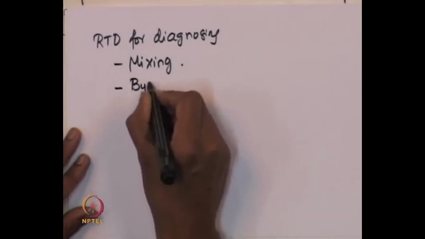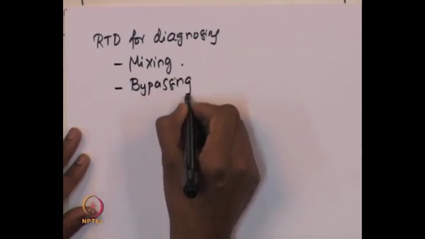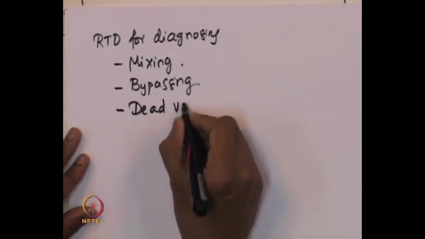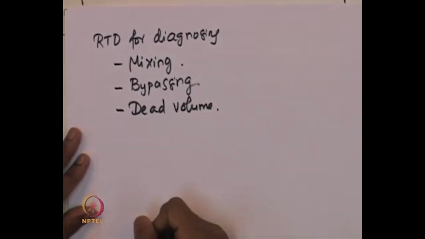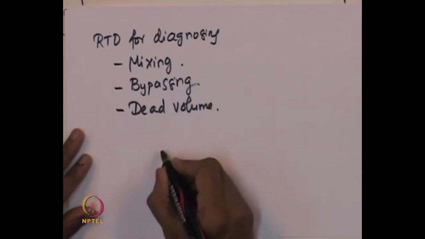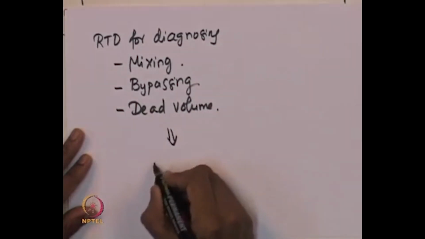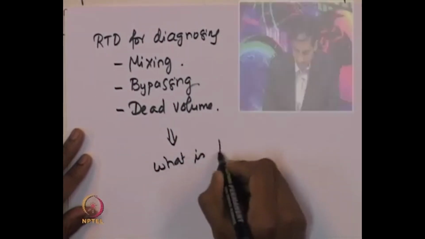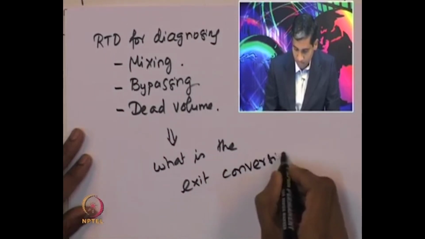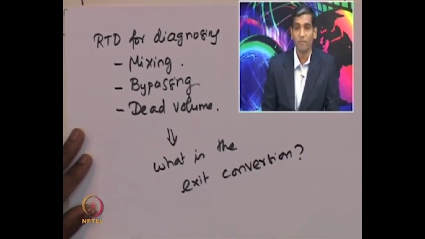It is also used for detecting bypassing in the reactor if it is present, and for detecting dead volume, once again if it is present. But it does not give any clue about the conversion of the species which may be undergoing a certain type of reaction. Maybe it is first order, maybe second order or some other type of kinetics. So, the question is, what is the exit conversion of the species?